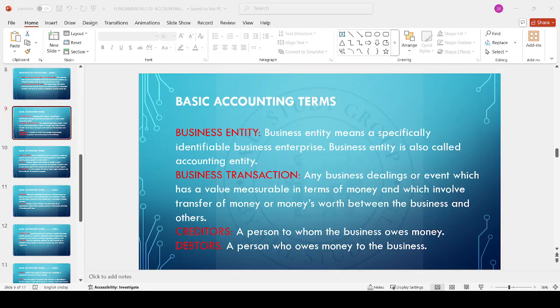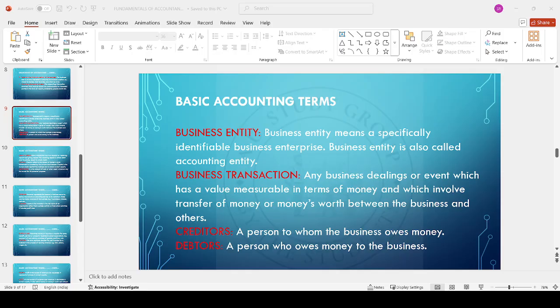Next is creditors. A person or entity to whom the business owes money is a creditor. Let me repeat that again: a person or entity to whom the business owes money is a creditor. For example, if your business buys goods on credit from a supplier, the supplier is a creditor. Your business needs to pay him money.